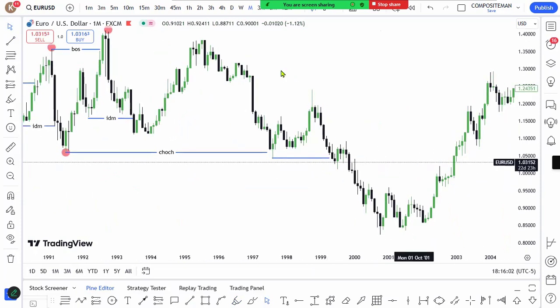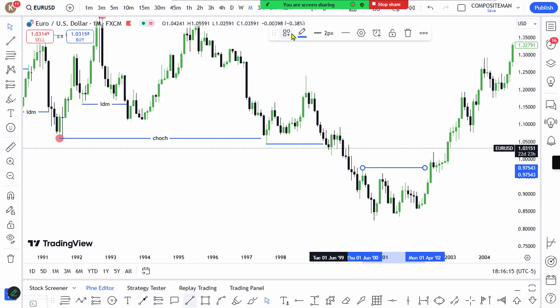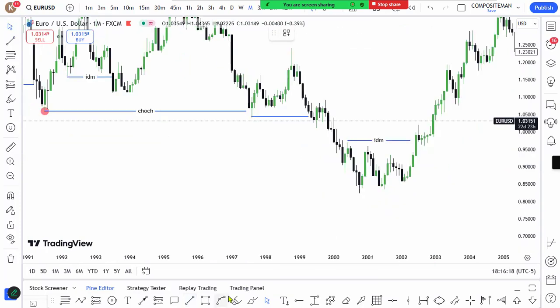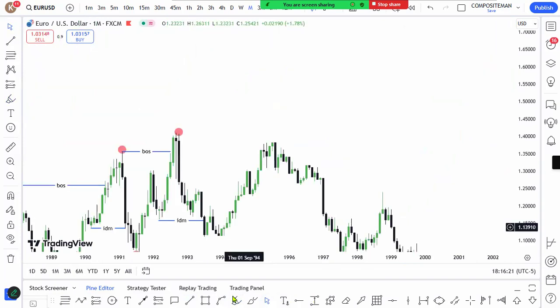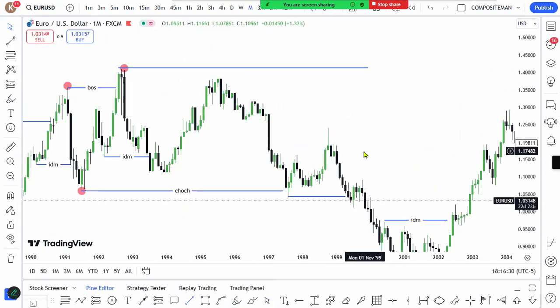So look at this market structure. Price kept going low, so my inducement is here. This is my low, and this means that if we close above here, we actually get what we call a change of character.